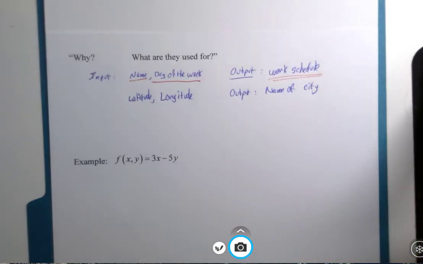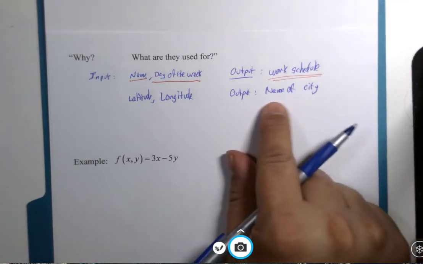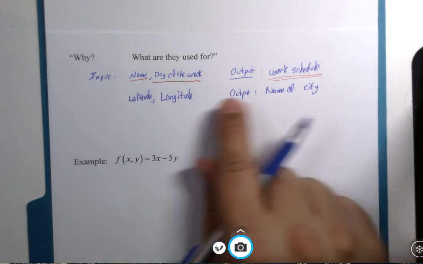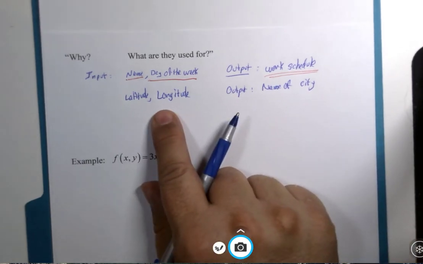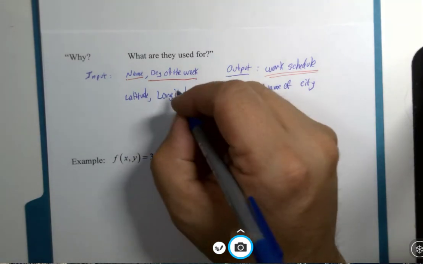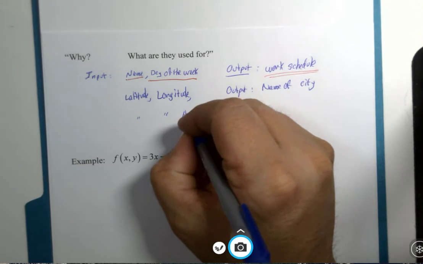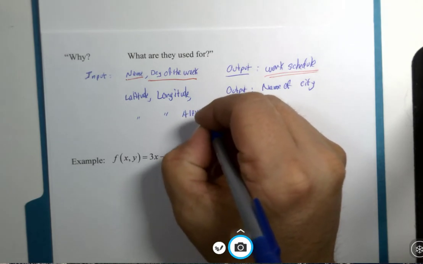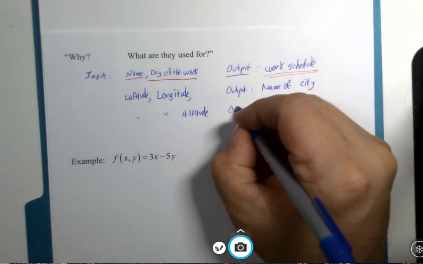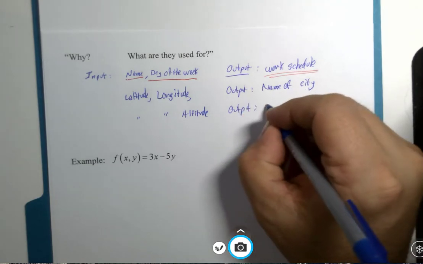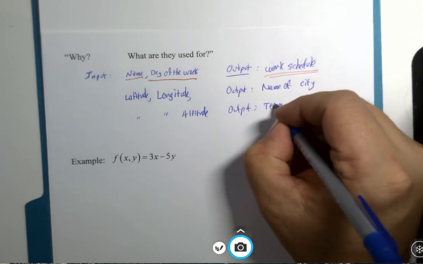And we know that there are some undefined values for that function, because if you're in the middle of the Atlantic or Pacific Oceans, or the China Sea or the Indian Ocean, there might not be a city anywhere, so it would be undefined. We could do 3 dimensions: latitude, longitude, and altitude. And then the output could be the temperature.